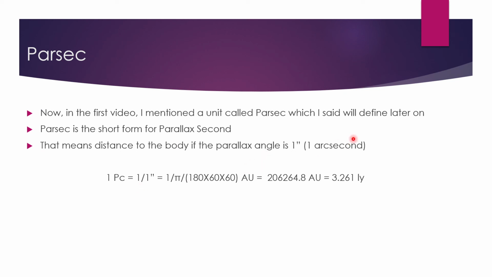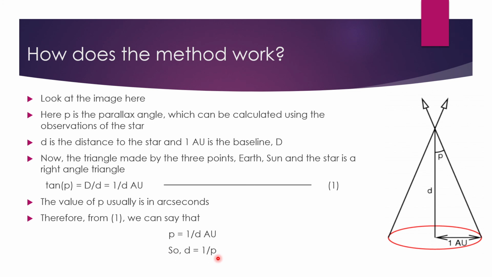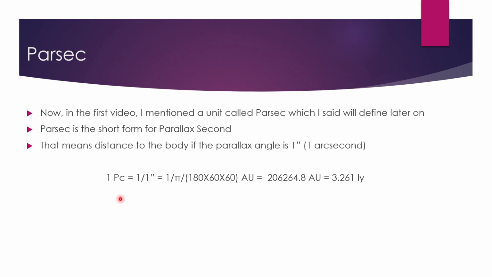So if we put the value 1 arc second in the formula for distance over here, we find that 1 pc, 1 parsec, is equal to 1 upon 1 arc second. So 1 arc second, if we convert into radians, is equal to pi upon 180 into 60 into 60.